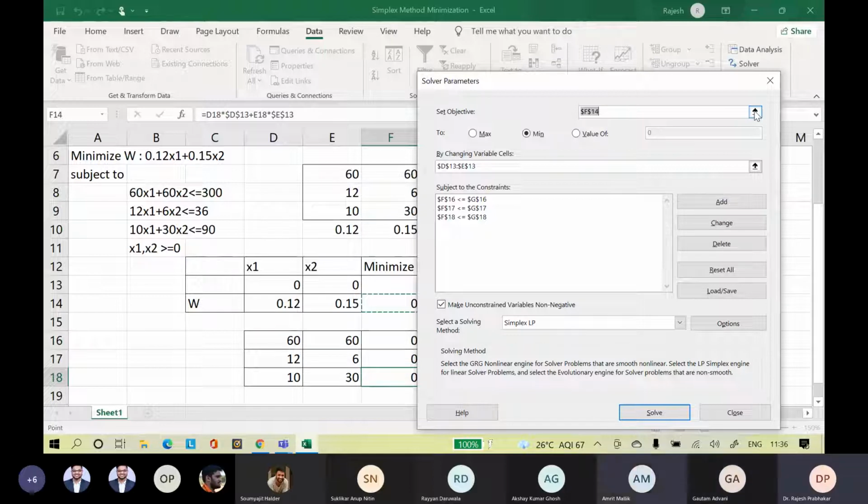No, sir. I think we have to do the maximization table here.